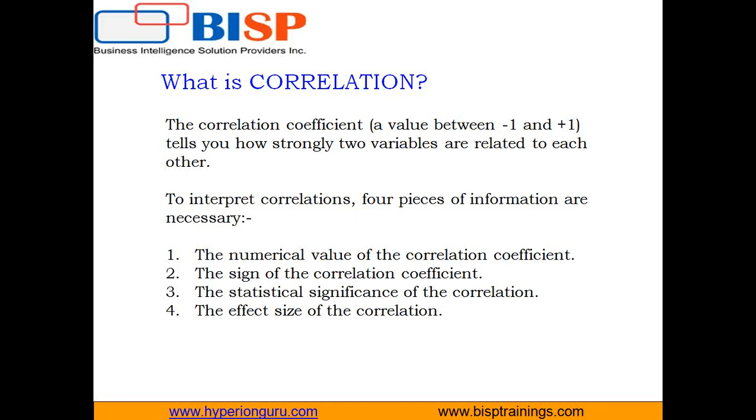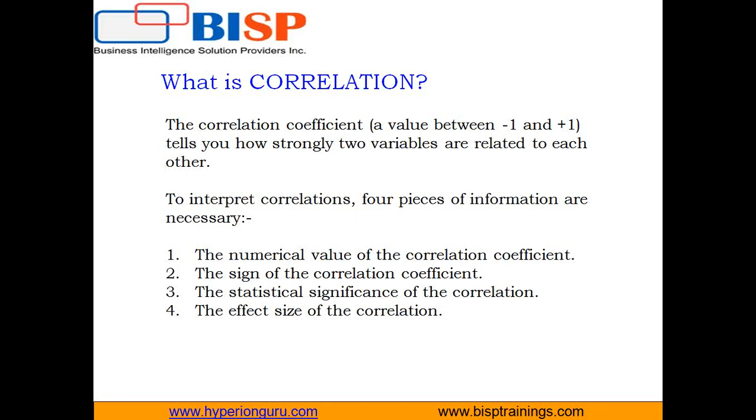The second point is the sign of the correlation coefficient. A positive correlation coefficient means that as variable 1 increases, variable 2 also increases. And conversely, if variable 1 decreases, then variable 2 also decreases. In other words, the variables move in the same direction when there is a positive relationship.